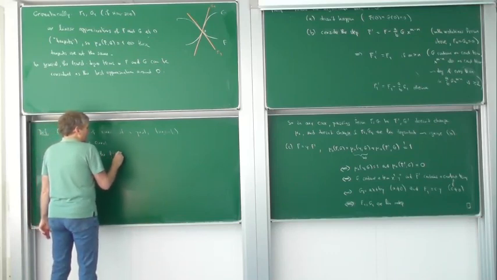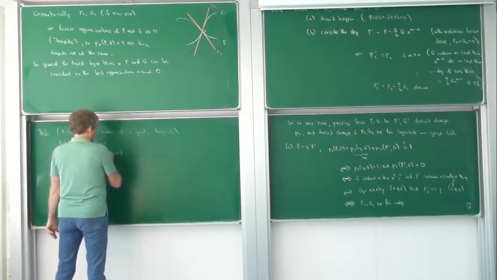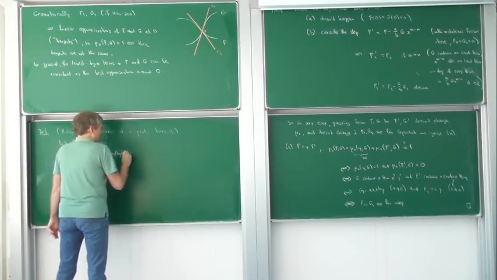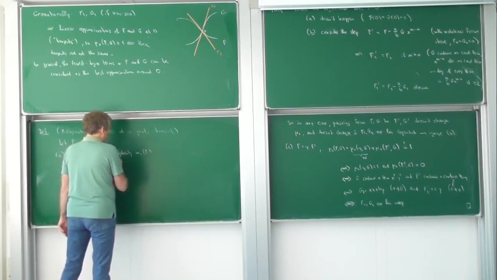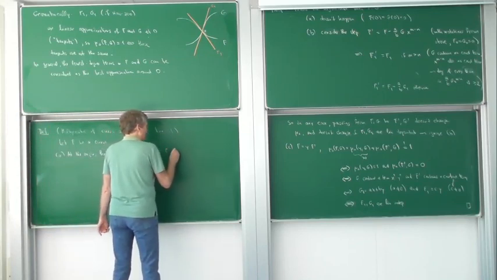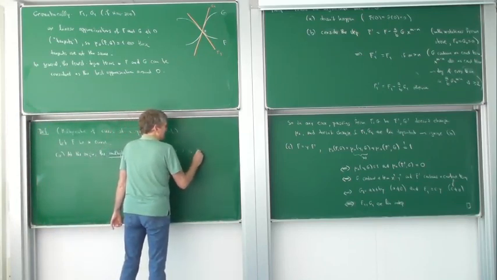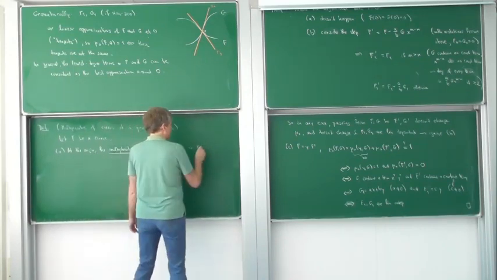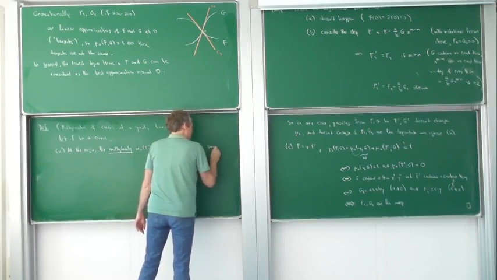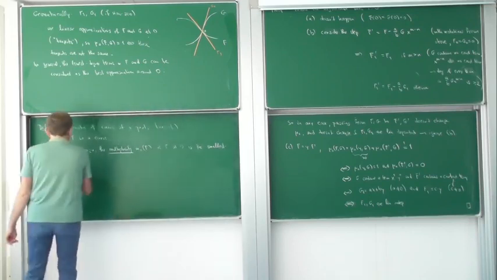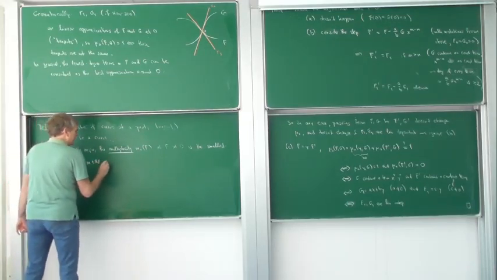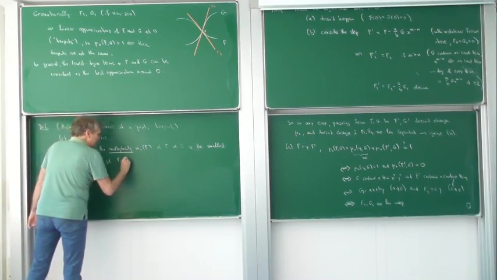The lowest, I'll say the multiplicity M0 of F, so that will be the notation for that, of F at 0 is the degree M. That is the smallest natural number M such that the degree M part is non-zero.